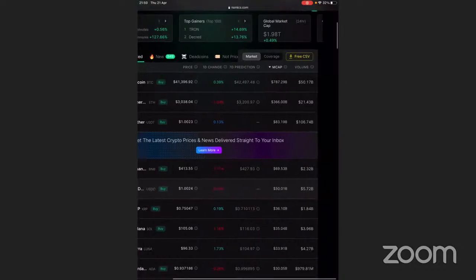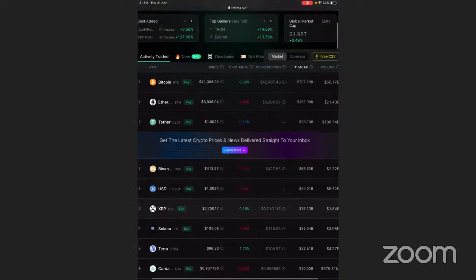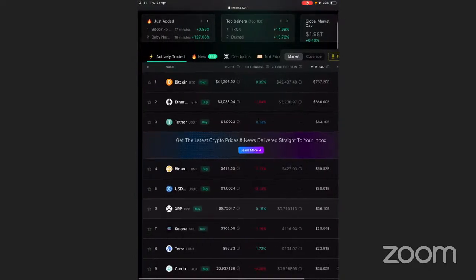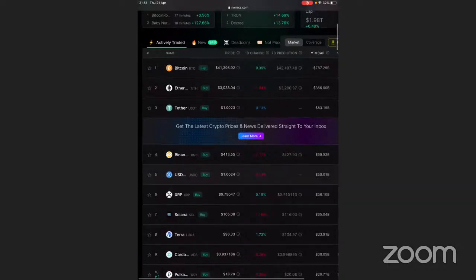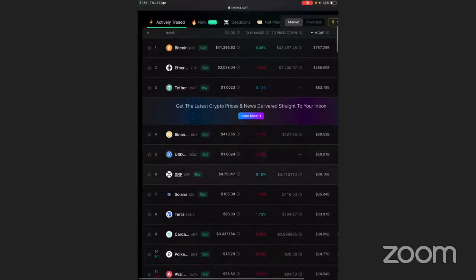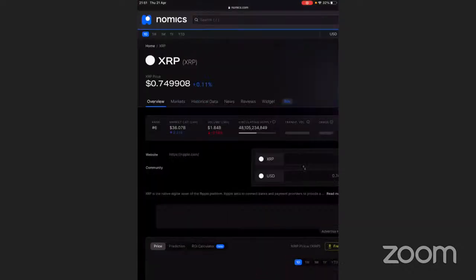But today, because we're using an example, we want to make an example of how we analyze the actual coin that we want to trade. So this is the XRP, right? The XRP is number 6 there. Sorry, I don't have annotations for this. Next time I'll be better prepared. So XRP is this one. I go on the XRP, the coin that I want to analyze.